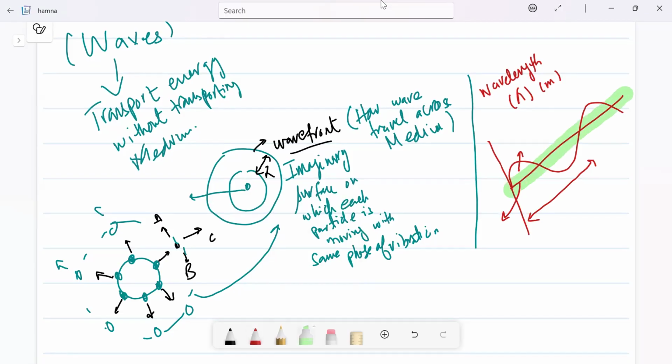This green line is known as the equilibrium line. On this line, each particle, if present on this line, would have zero motion. The part of the wave above this is known as crest and below it is known as trough. So one crest and trough makes one wavelength.